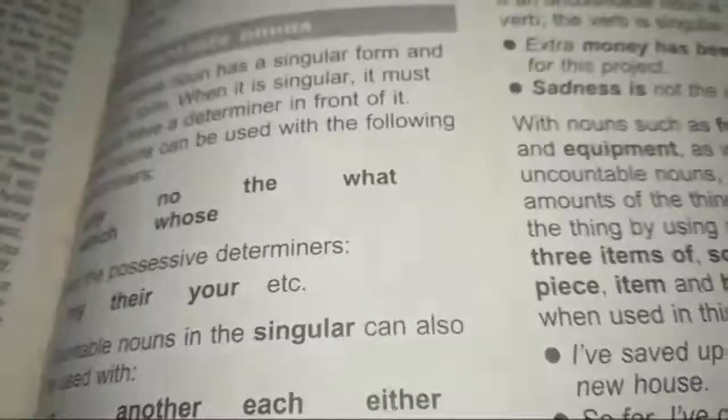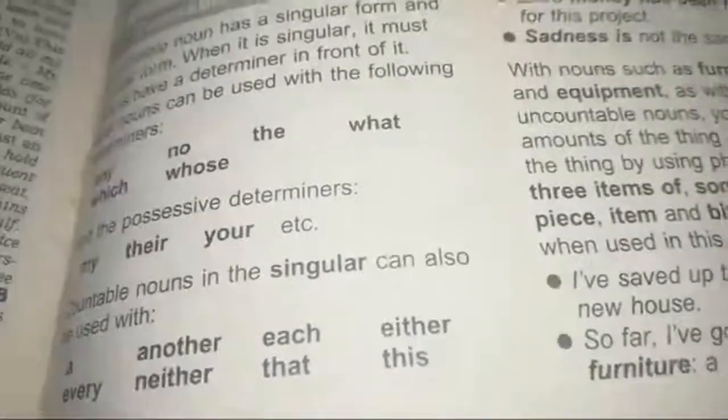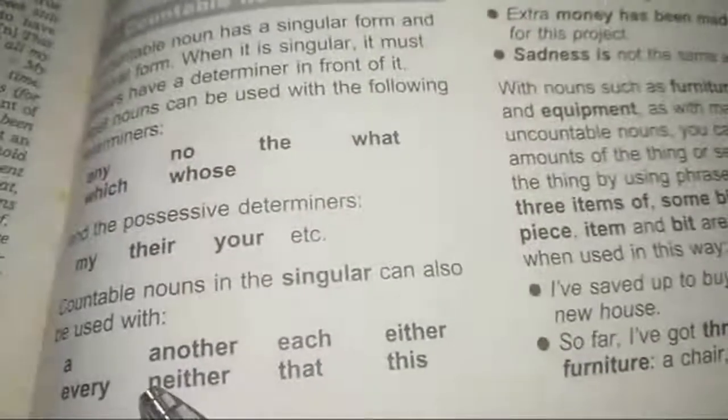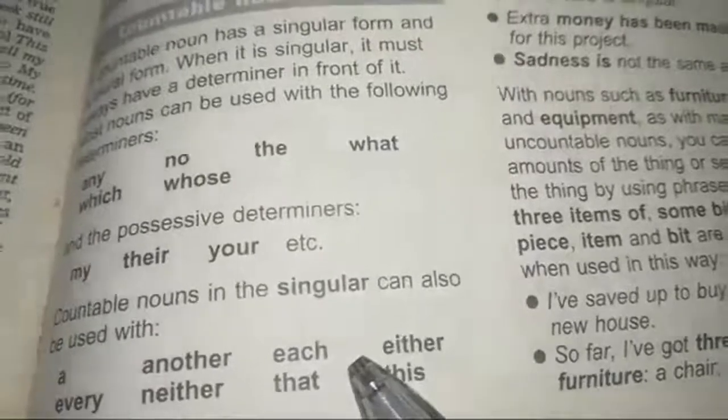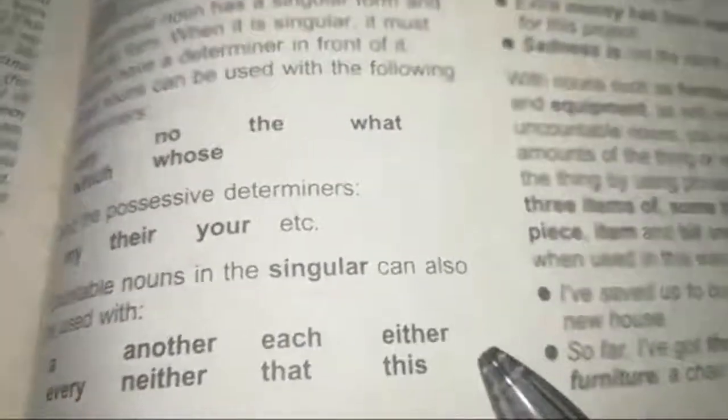Countable nouns in the singular can also be used with a, another, each, either, every, neither, that, this.